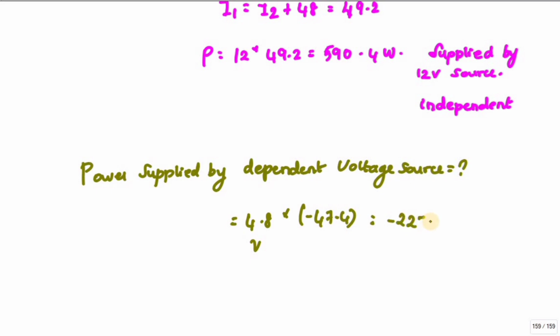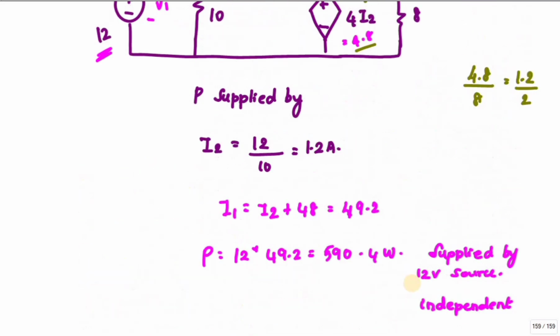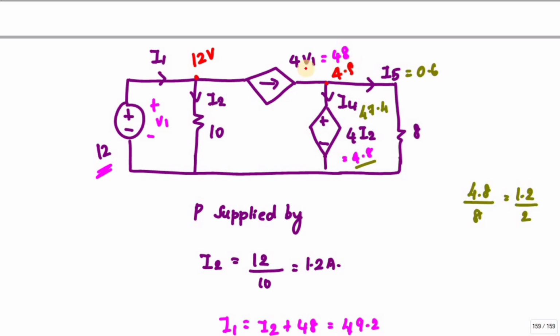Next, the power supplied by the dependent current source. So here the current is 48 and the voltage at this terminal is 12 and this is 4.8. So the difference is 7.2, right? So V is 7.2 and I is 48. So now we can see it is negative. Why it is negative?